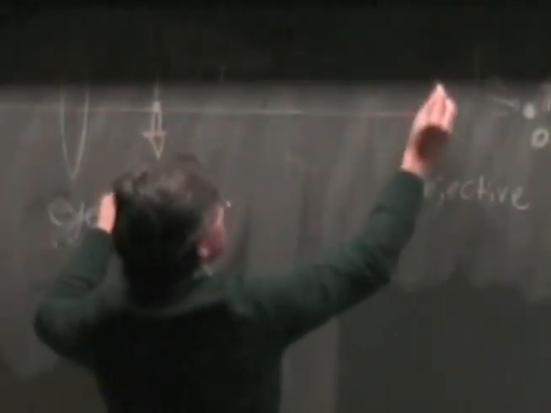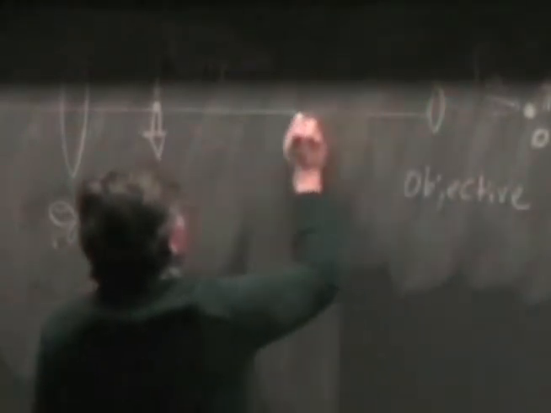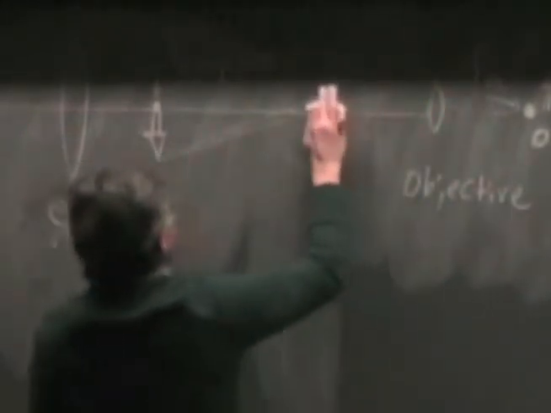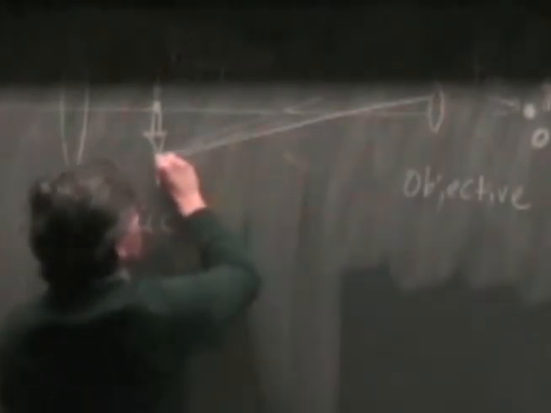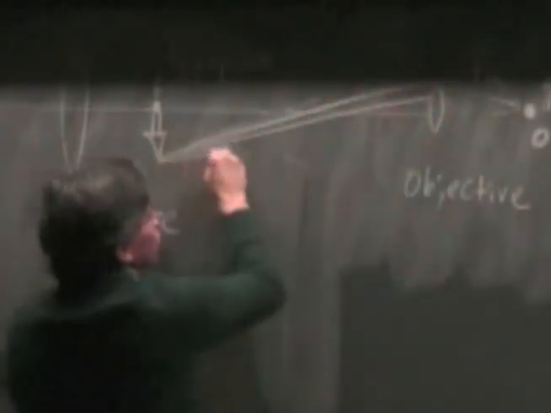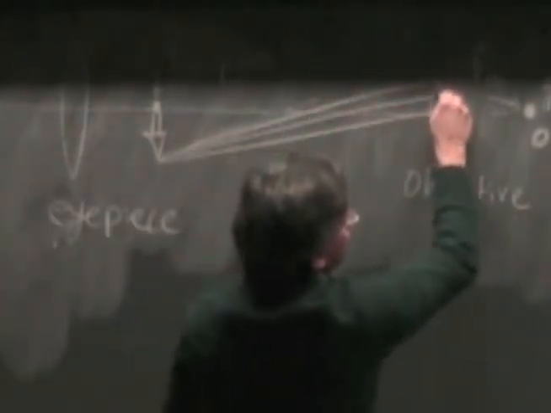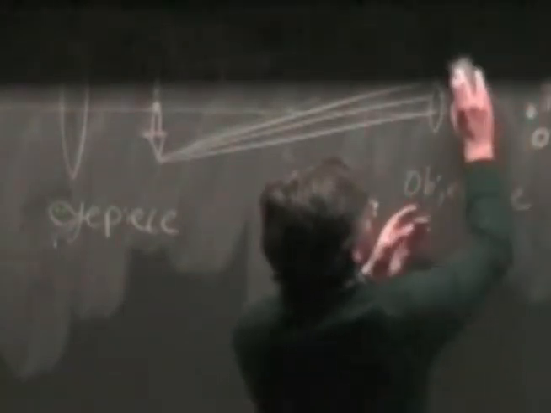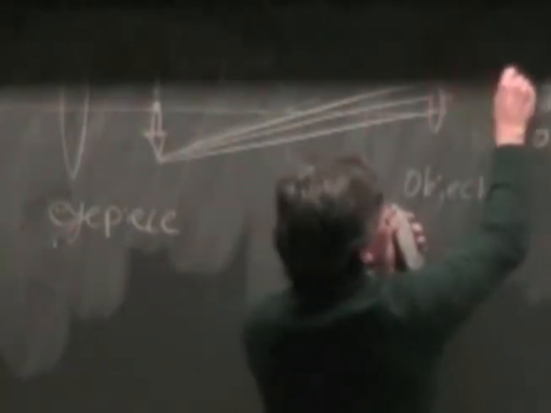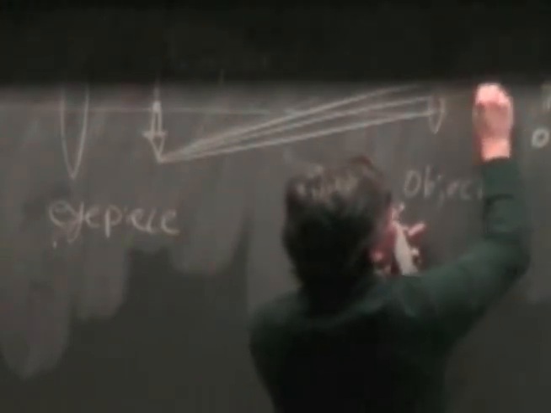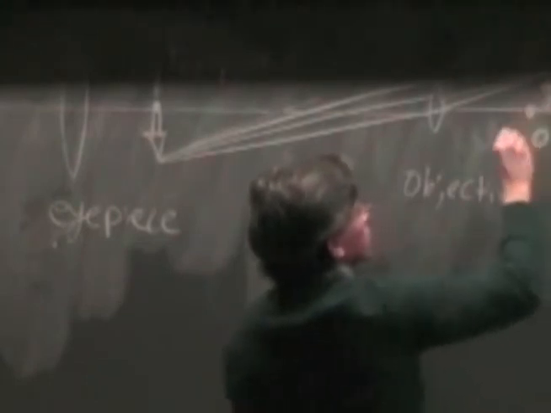So these light rays will be coming from the object, of course. And this is the focal point of the objective.